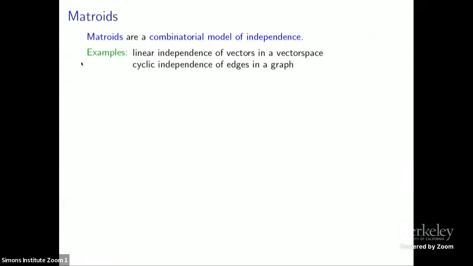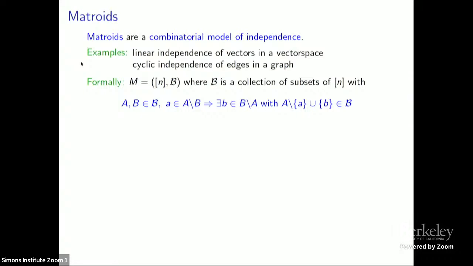So on a relatively high level, matroids are a combinatorial attempt to model versions of independence. The fundamental examples are linear independence of vectors in a vector space, and cyclic independence of edges in a graph.